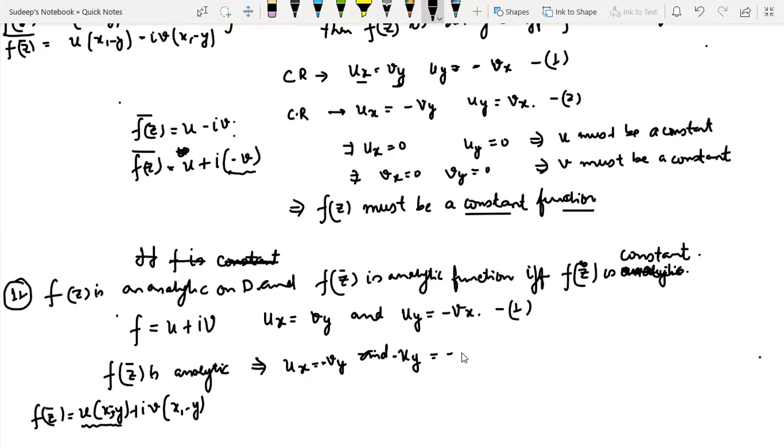So I'll get minus Uy is equal to minus of Vx. This is equation number 2. So from here it is clear that Ux must be equal to 0, and from here it is clear that Uy must be equal to 0. It implies Vx is equal to 0 and Vy is equal to 0, which implies that both u and v are constants.